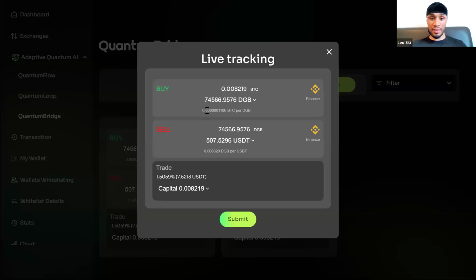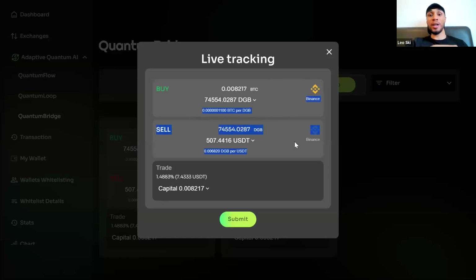The price is like all of these zeros, 1100. Okay, Bitcoin per DGB. So that's the limit order that is going to be setting, right? And you can see the amount of DGB is going to be buying, 74,564. So what does that mean?